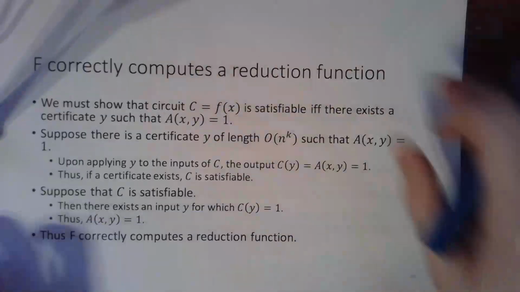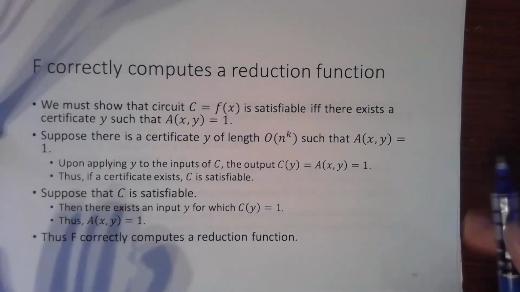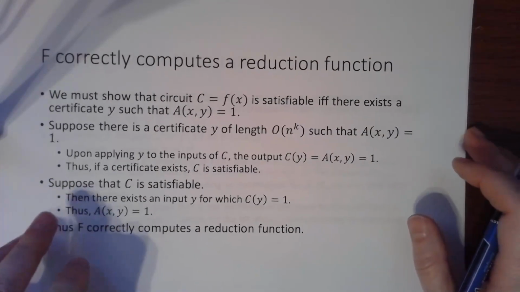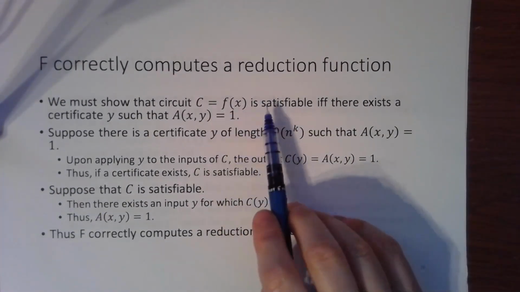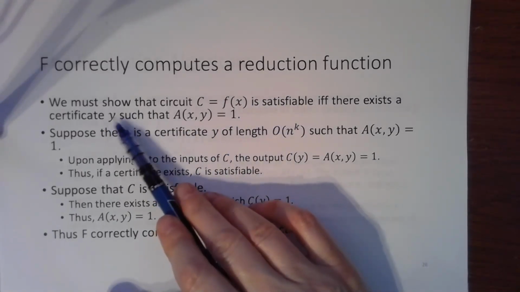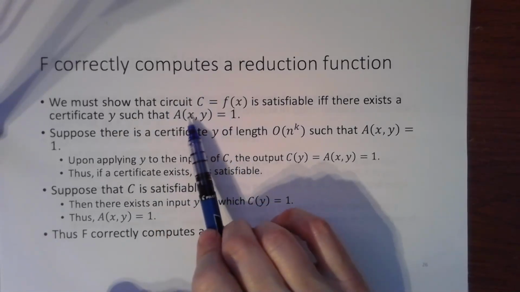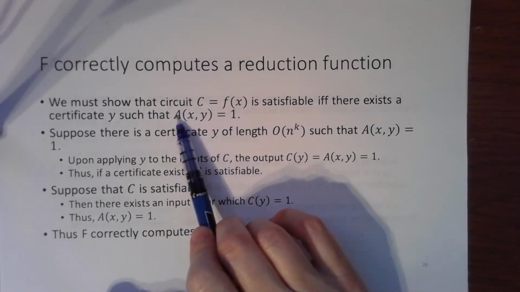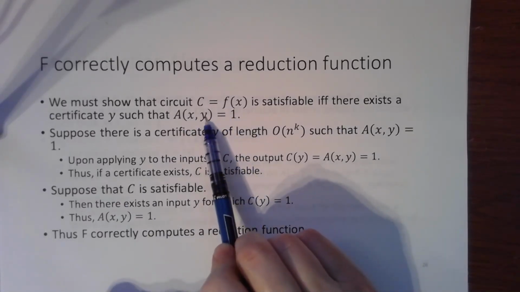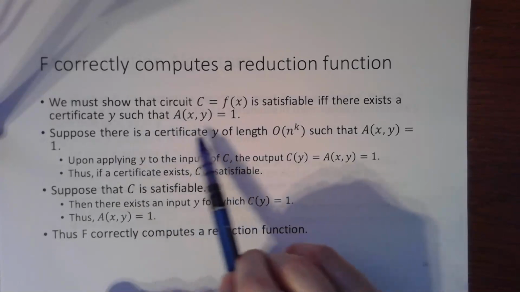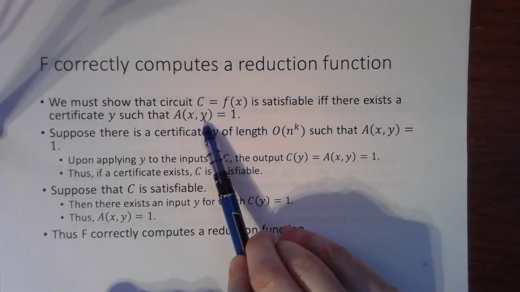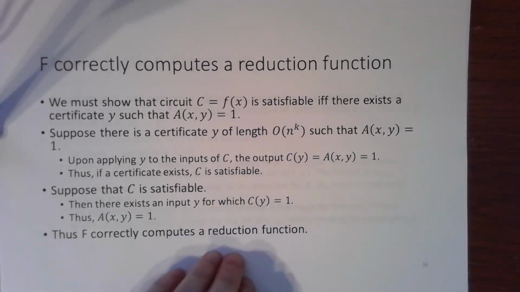All right, so we need to convince ourselves that f correctly computes a reduction function. Essentially we have to show that the circuit we've created is satisfiable if and only if there exists an input or a certificate Y so that the algorithm A would produce a 1 output. If Y is an invalid certificate, it will produce a 0. If it's a valid certificate, it would produce a 1.